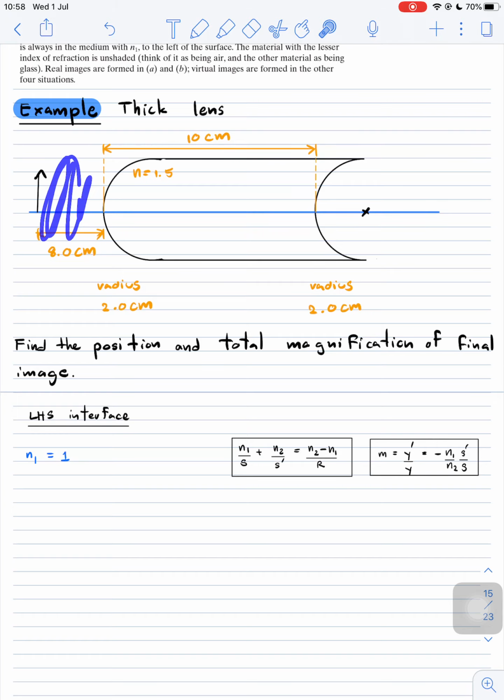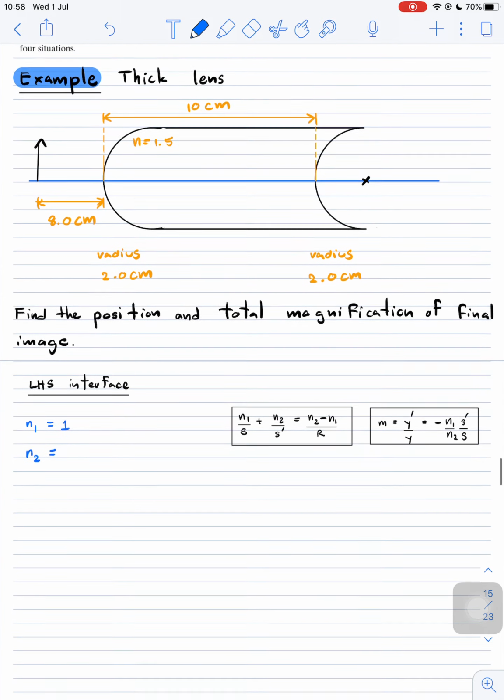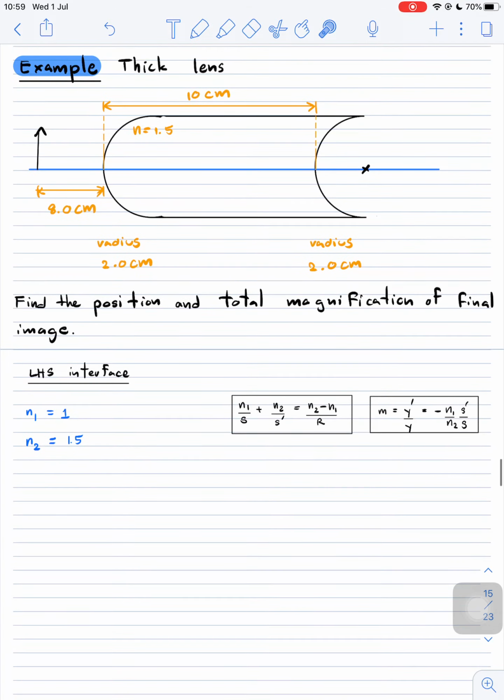Okay, so we have the air here. And now for n2, number 2 here is reserved for the medium which has the refracted light. So it means that the light comes from here and then refracts into this medium, right? So n2 must be equal to 1.5. Now R, the radius of curvature.